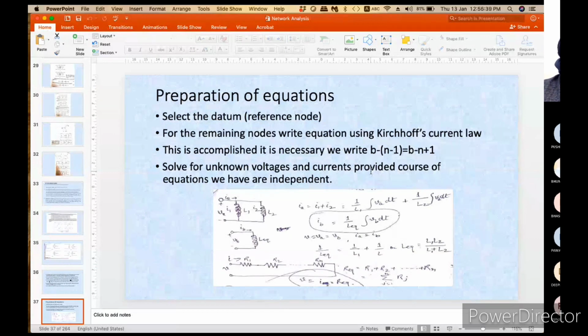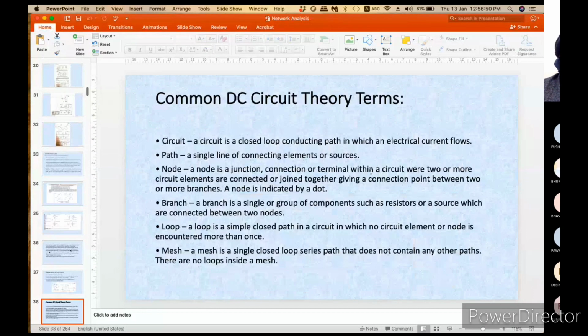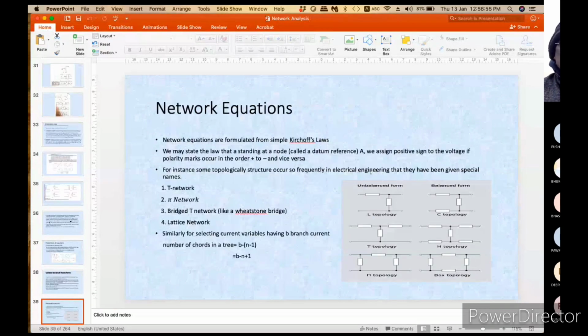And for simplifying, you know all your laws of parallel resistances, parallel capacitances, parallel inductances and series inductances; all this we will be using throughout. So again, the network equations: there are some special kinds of networks, and they look like a capital T in English, some look like pi, some look like what is called a bridge, and some look like a box over here.